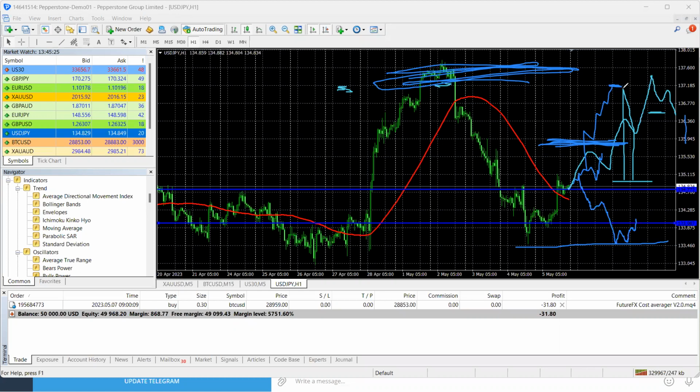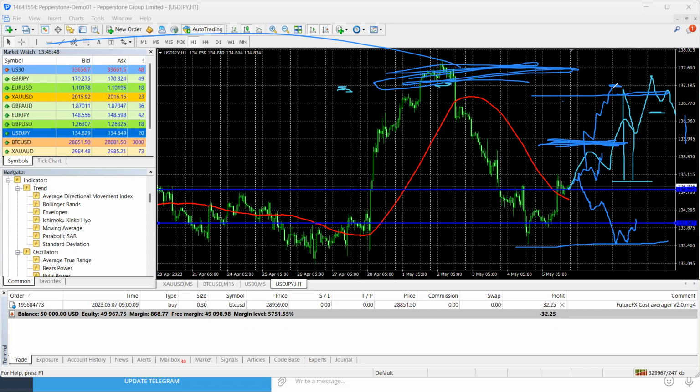What I personally prefer to do is just to grab this stop loss and drag it right up to where you're happy with, trying to give it enough room to hopefully just power up. But if it doesn't, I'm not going to lose too much.